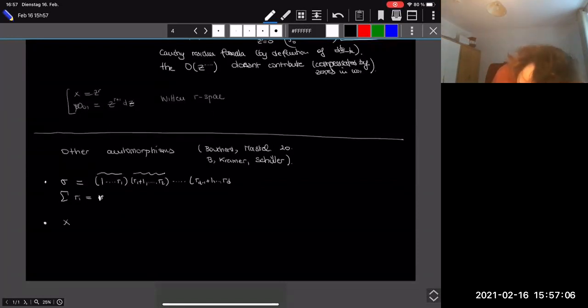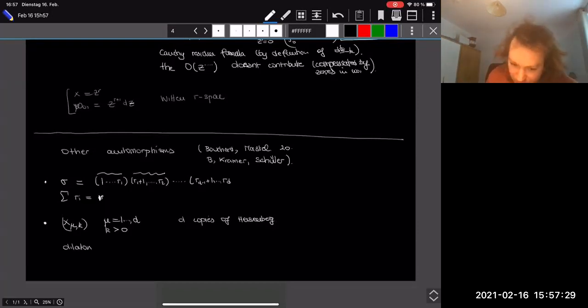So you're going to have a collection of variables x, mu, k, where mu is from 1 to d, corresponding to each of these cycles, and k is positive. So you have d copies of the Heisenberg. And you can compute what are the W generators, and at the end you have to do some dilaton shift.